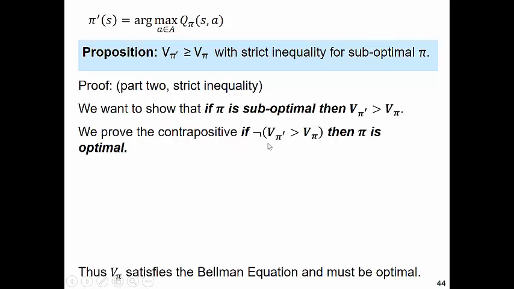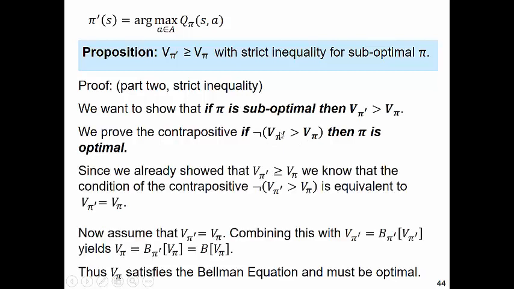Okay, so we're going to assume this. Since we already know this, we've already shown that v pi prime is greater than or equal to v pi. We know that this condition of the contrapositive is equivalent to equality.